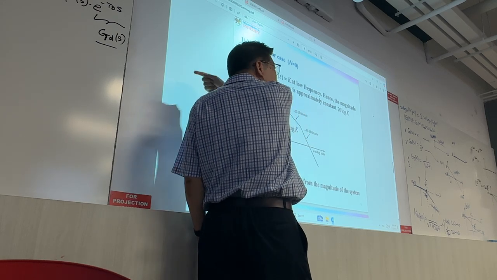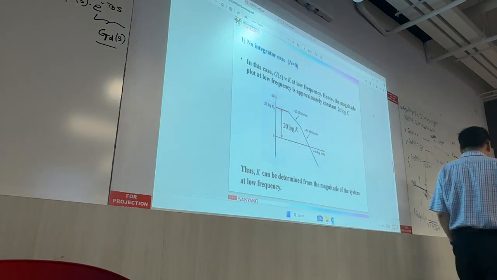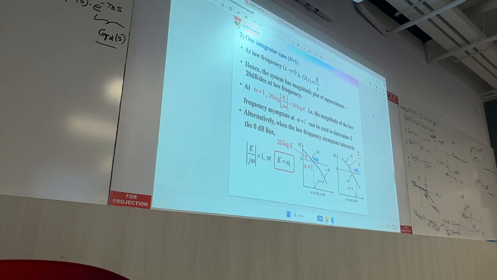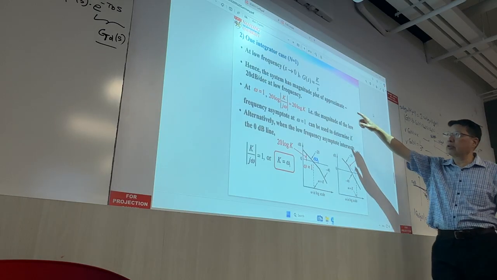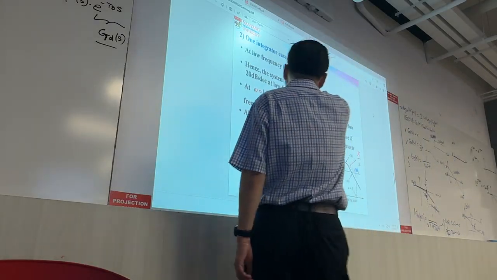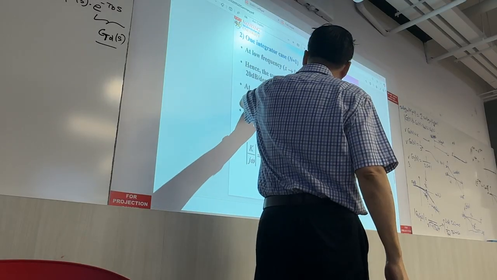This value will continue all the way on the left portion, or the low frequency. So for when n is 1, then we have this. That's what we have over there. When n is 1, then you have one single integrator.